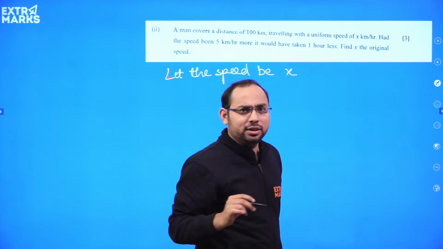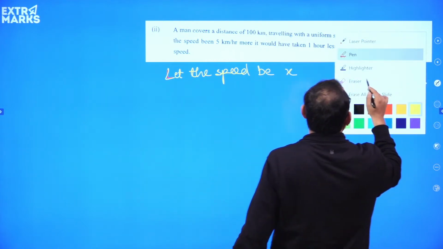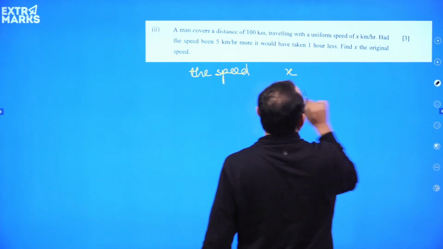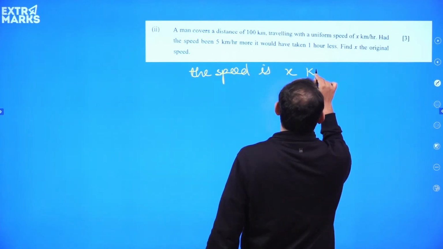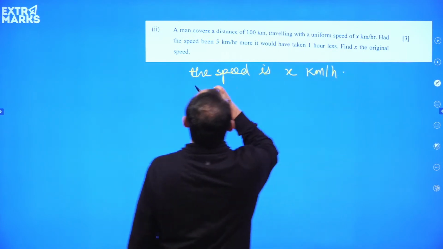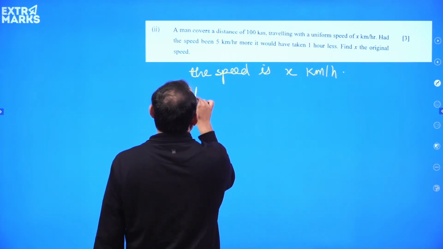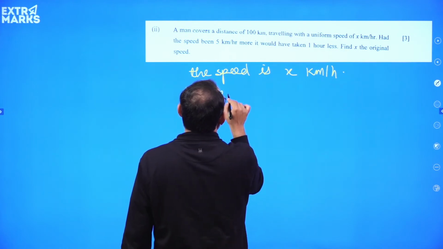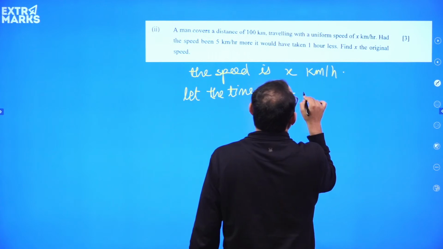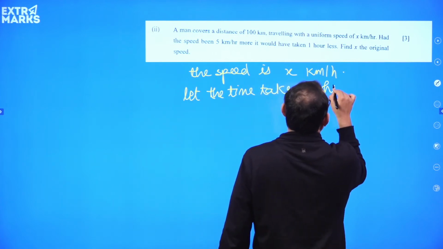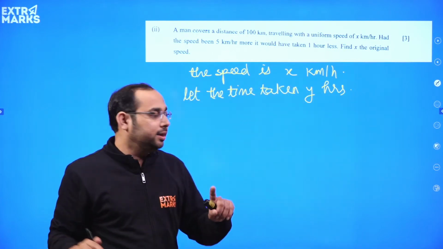Actually, it is given to us. Okay. So the speed is x kilometers per hour. Then time, let's assume. So let the time taken be y hours. Okay. First thing sorted.